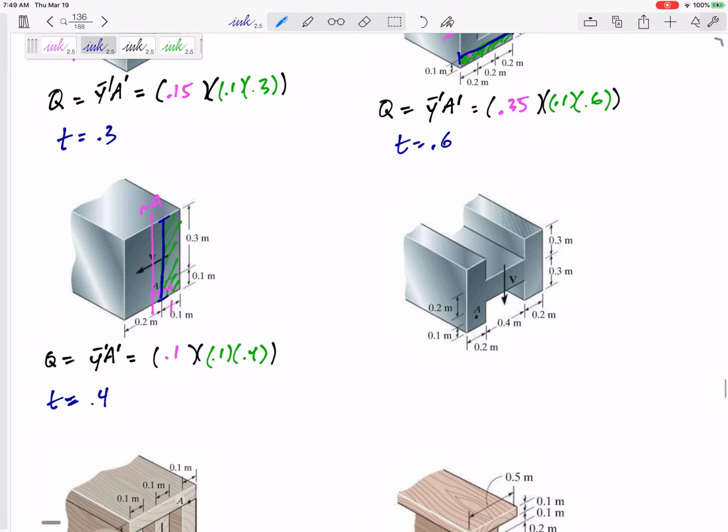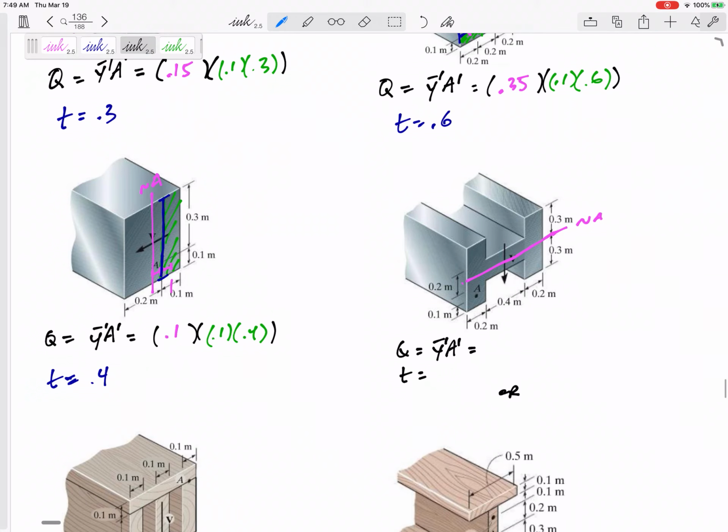All right, let's look at the next one. It is symmetric, so the neutral axis would be right there. Q would be Y bar prime, A prime. All right. So I have two options here.